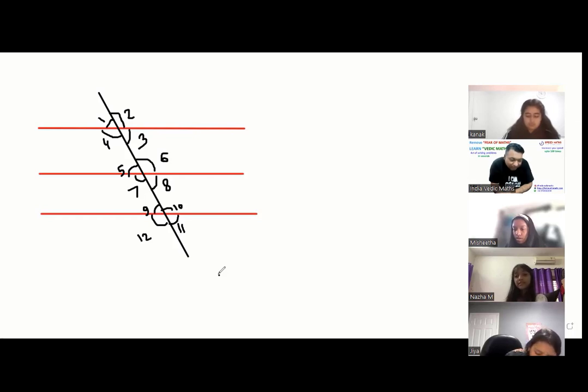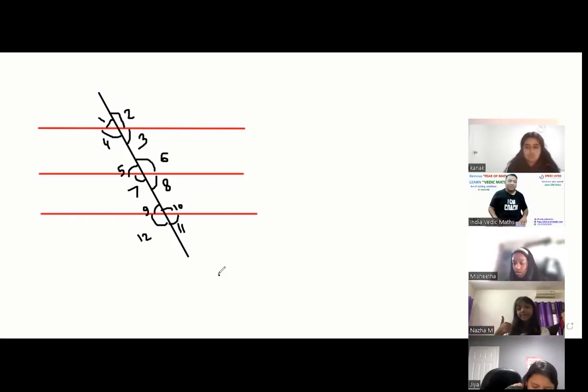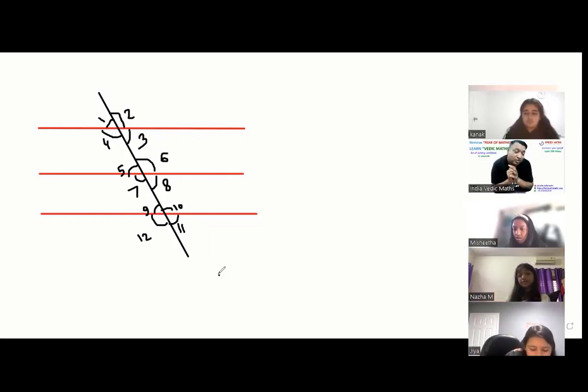Crystal clear? This is the core of geometry. Everybody should know this. Tomorrow we are going to do something different in geometry, but we are going to use all this. Enough? Mishita? Any question?